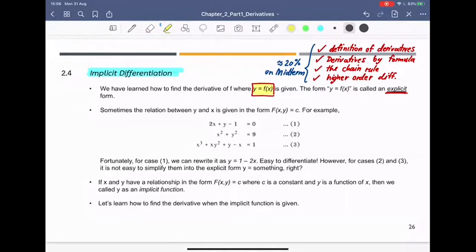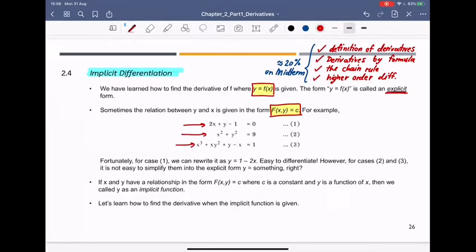So sometimes you're gonna see the function in the form f(x,y) equal to c. Well, the problem here is on the left hand side, you're gonna have a function that contains both x and y. For example, you could have the situation like equation 1, equation 2, and equation 3.